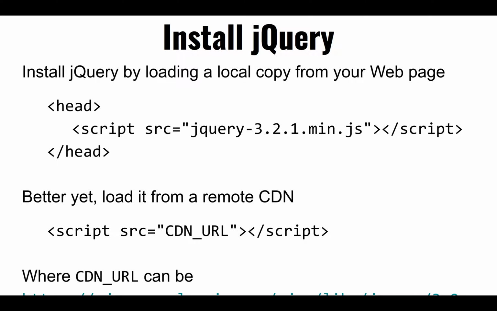Also notice the min in the name. That typically means that the file has gone through a minimization transformation, meaning it has been compressed as much as possible, to minimize the size of the file and the time it takes the browser to download it.